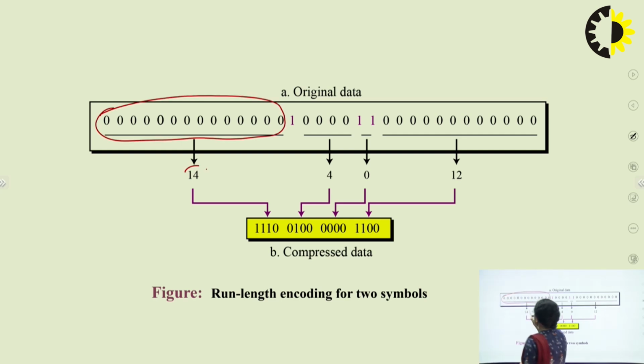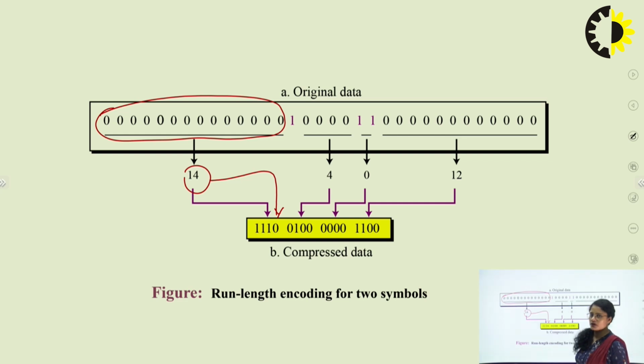If you count, it is 14 zeros. In this example, let us say we are using 4 bits each for representing the number of occurrences of consecutive similar bits. So the first 4 bits represent 14, indicating 14 zeros, followed by a 1.